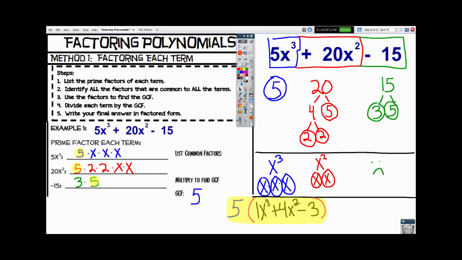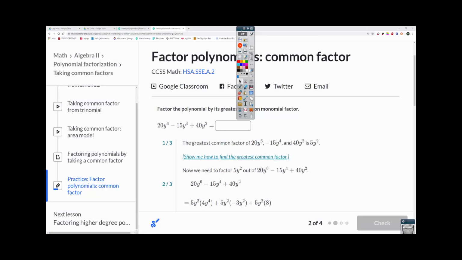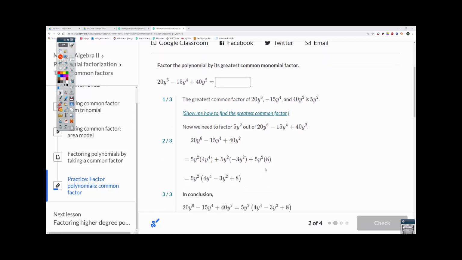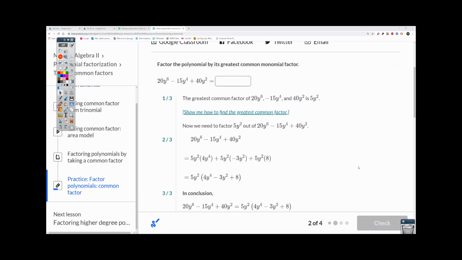So that is example number 3. What I'd like to do now is just quickly go through an example of a problem on Khan, and I want to show you the instructions real quick. For those of you who are not in my class, Khan Academy for every problem has a step-by-step set of instructions that show you how to go through the problem, and it shows you what the final answer is at the end, which is nice.